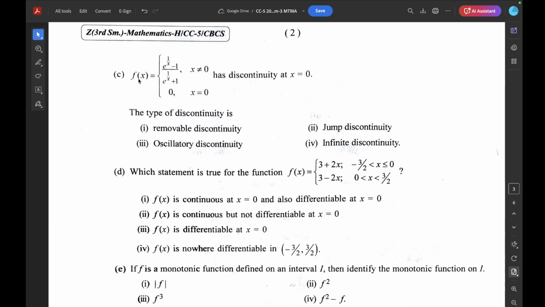Question C. f(x) equals (e to the power 1 by x minus 1) whole divided by (e to the power 1 by x plus 1) for x not equal to 0, and equal to 0 when x equals 0, has a discontinuity at x equal to 0. What is the type of discontinuity?